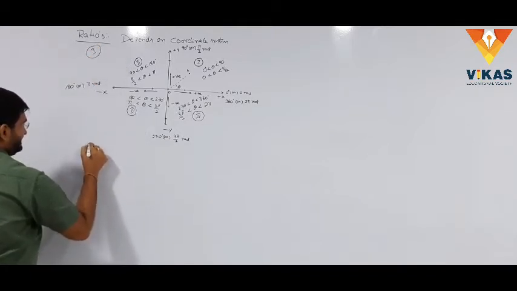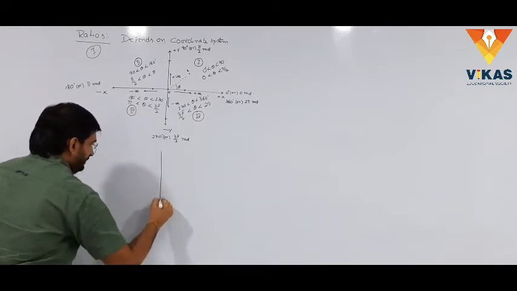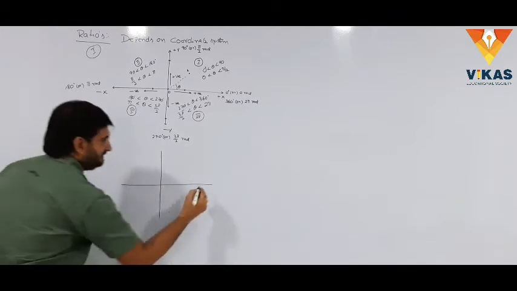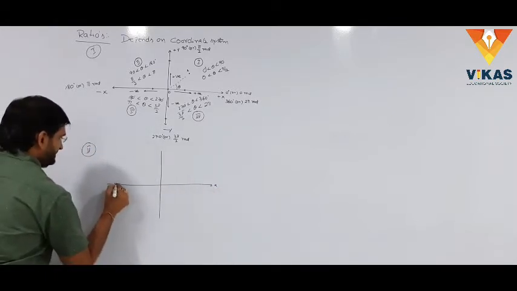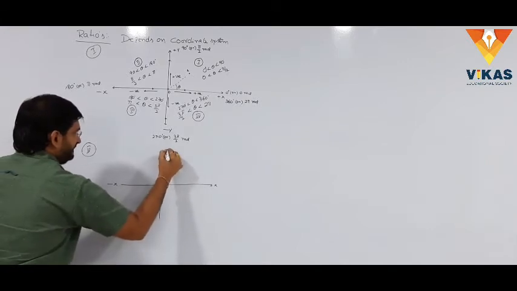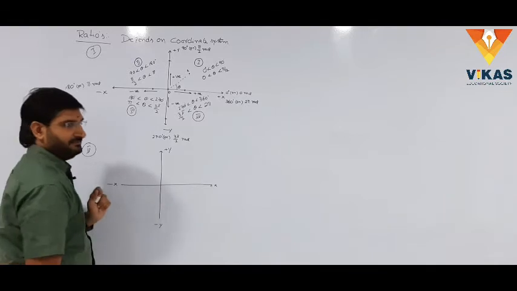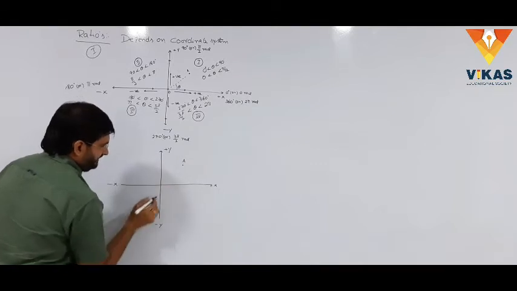In the second case, let us consider the coordinate system simply like this. This is the positive x-axis, this is the negative x-axis, this is the positive y-axis, this is the negative y-axis. Let us consider a point A which is located in the first quadrant.